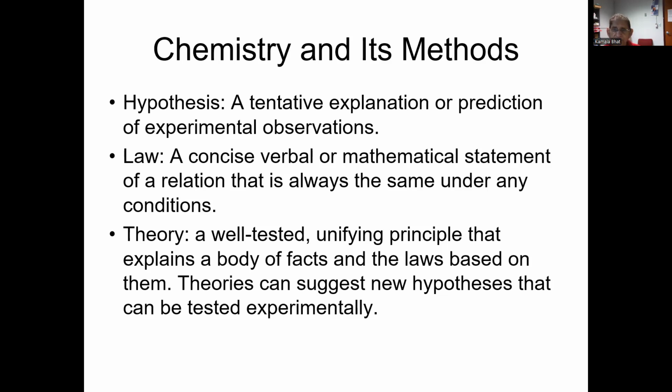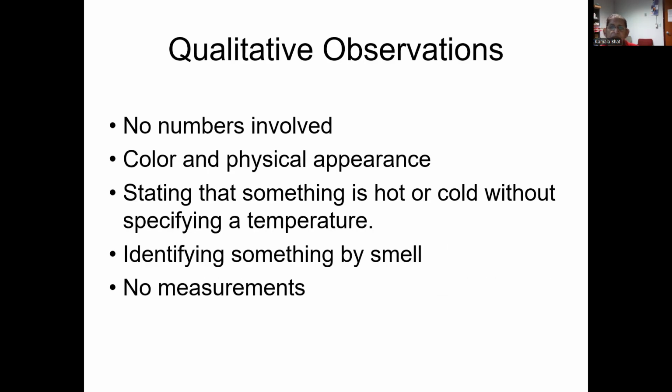A concise verbal or mathematical statement showing the relationship that is always the same under any conditions is the law, and the theory is a well-tested unifying principle that explains a body of facts and the laws based on them. Theories can also suggest new hypotheses that then can be tested experimentally.